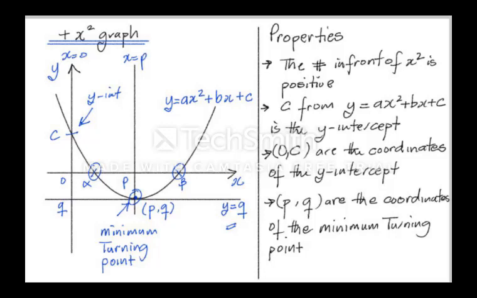Please note that if you have a graph of the function, the roots are the x-intercepts. So alpha here is an x-intercept, and beta here is the x-intercept. What is an x-intercept? The x-intercept is the value of x where the graph cuts the x-axis.